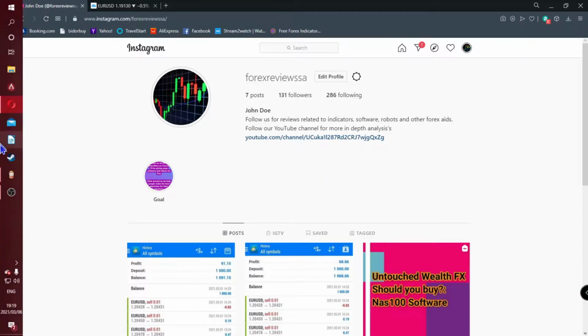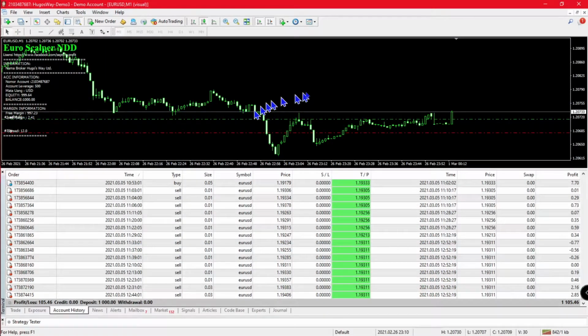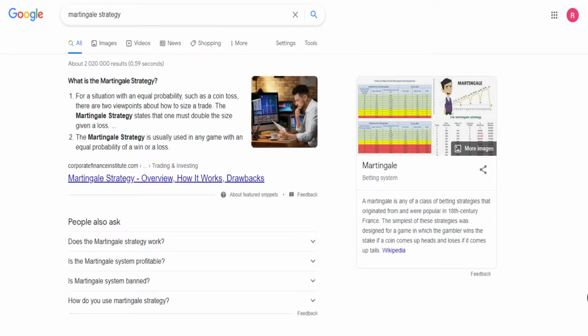So let's move over to the expert advisor. So this is what it looks like. The expert advisor uses a martingale strategy, which is where it opens multiple trades in the same direction, and this uses the movement of the financial markets.